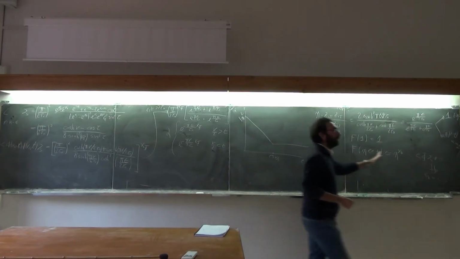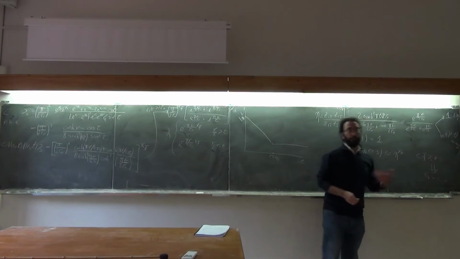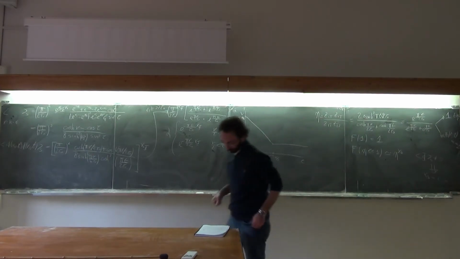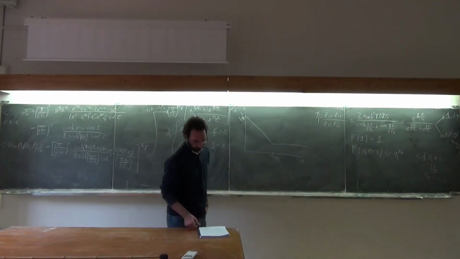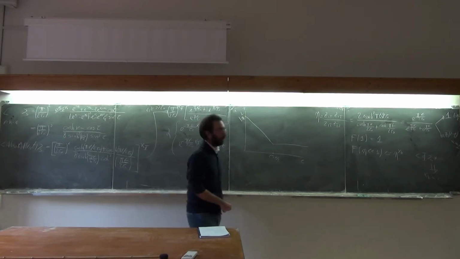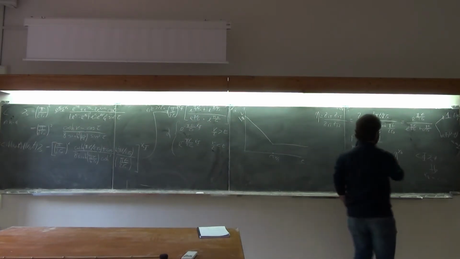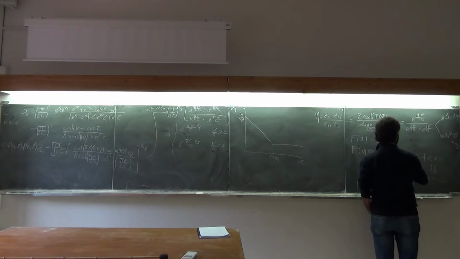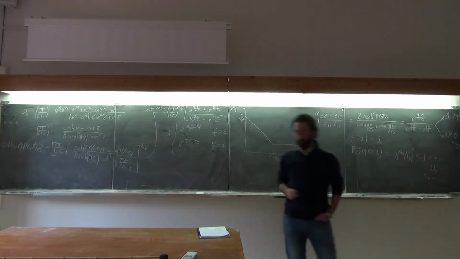So this object again is just a constant. And actually, the proportionality constant here is exactly the e to the phi d squared that we defined before.